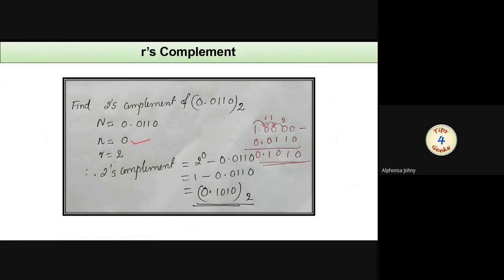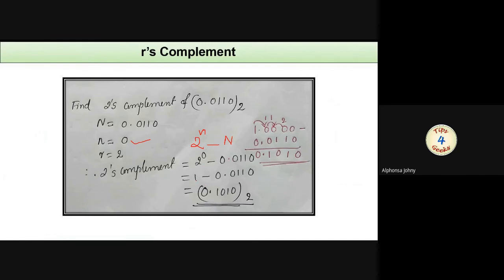What is the value of r? 2. The equation is, we know that r raised to n minus capital N. R is 2. So 2 raised to n minus capital N, 2 raised to 0 minus 0.0110.